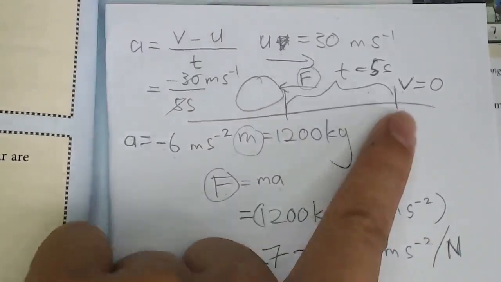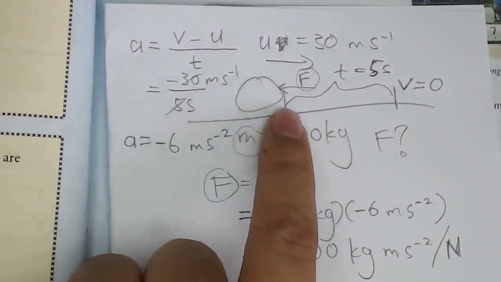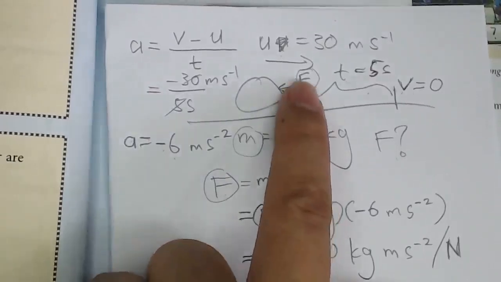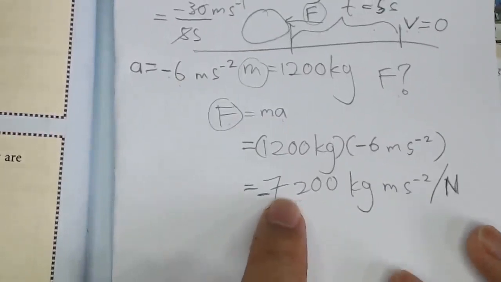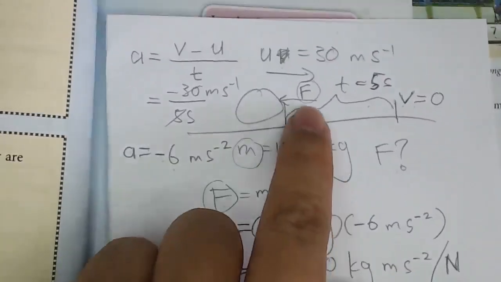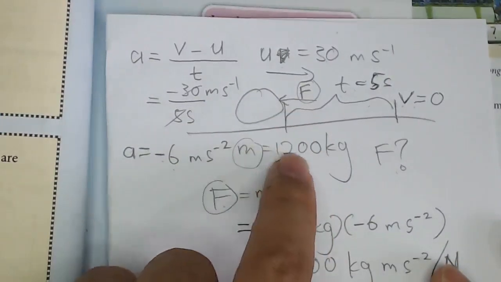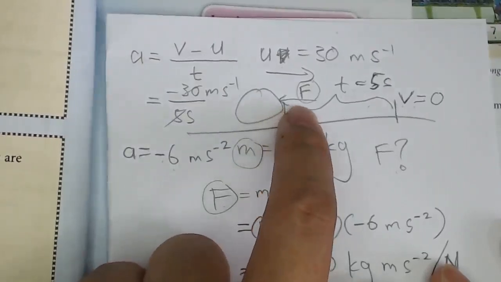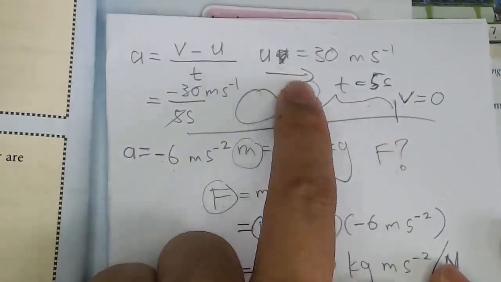Simple situation, but you need to be able to relate between each component involved. So the idea is this F here is, we can say, negative 7,200 Newton has been applied to this car, which has mass of this, which makes this car decelerate.